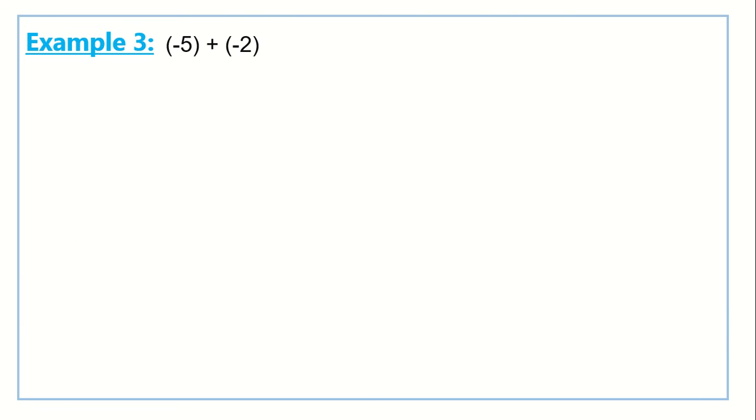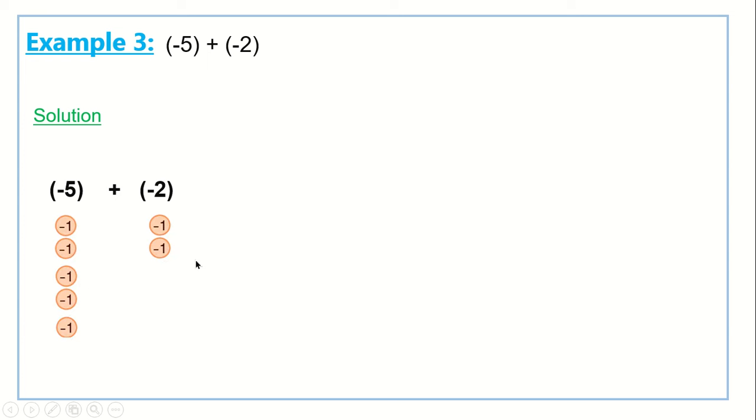We look at example number 3. We have a negative of 5 plus a negative of 2. Then we will show 5 disks of negative 1 and 2 disks of negative 1.